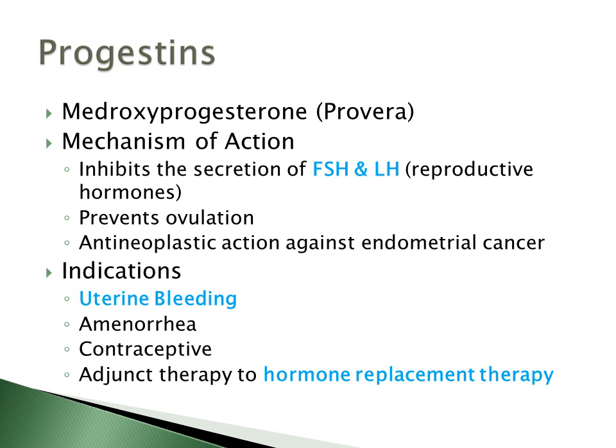Okay, the next hormone we're going to talk about is progesterone or progestins. The drug you'll need to know for this section of the lectures is medroxyprogesterone, also known as Provera or Depo-Provera. Now, what progesterone does in the body is it inhibits the secretion of FSH and LH. So those are going to be your reproductive hormones.